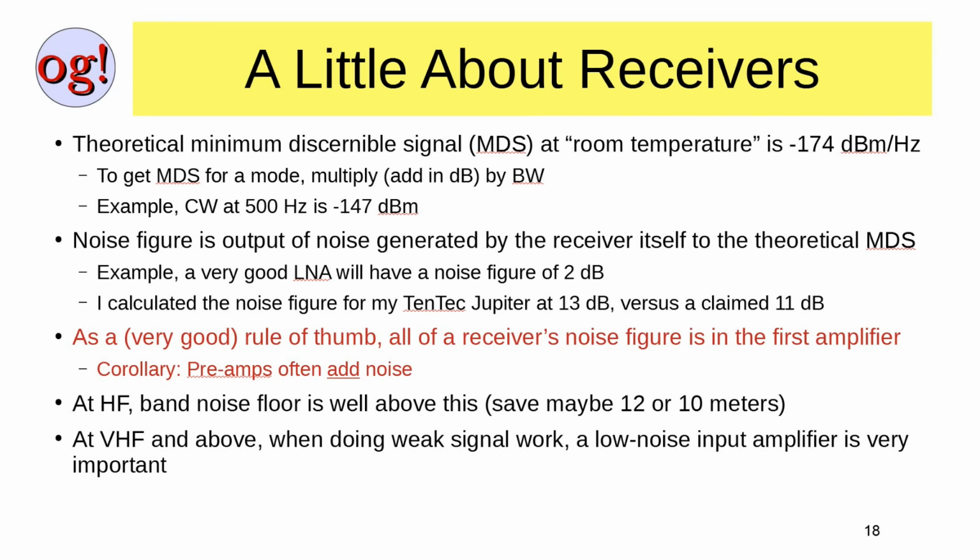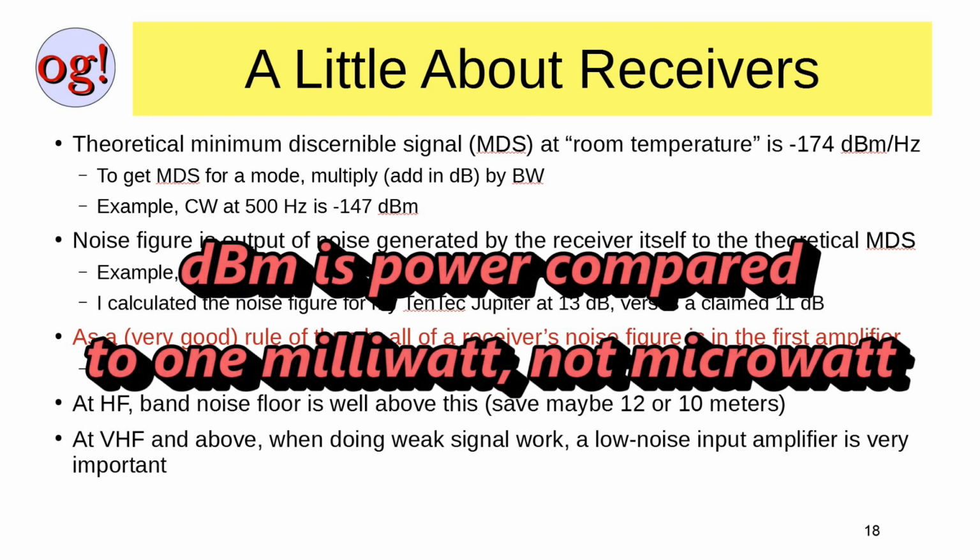The theoretical minimum discernible signal at room temperature is limited by thermal noise. Now, it happens at HF, and you have to trust the ARRL for this number, it's minus 174 dB compared to a milliwatt. So we're actually talking about power here per hertz.